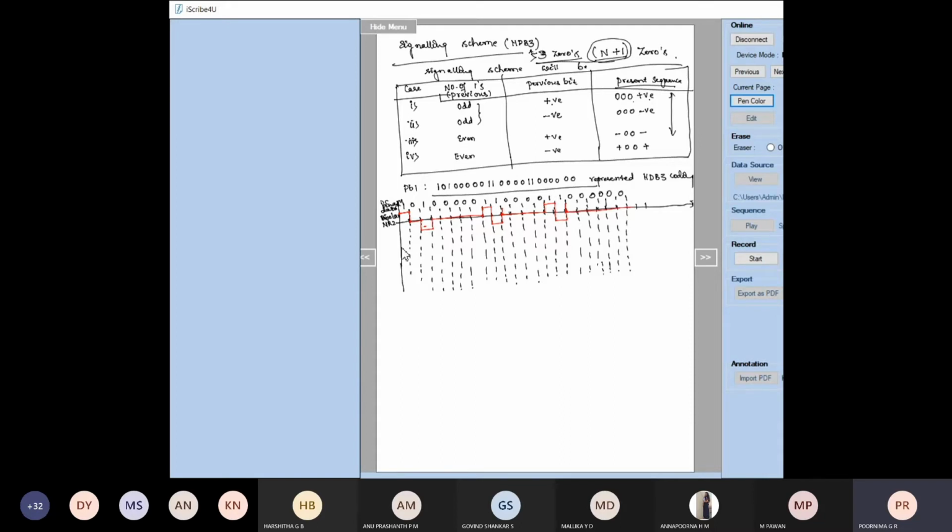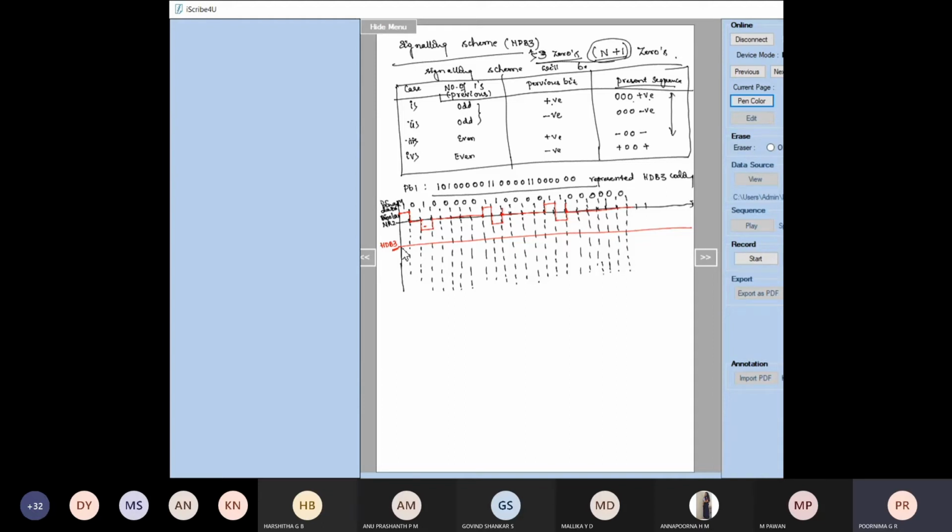Now we have to go for HDB3 coding, where 3 consecutive zeros are the reference in this coding technique. What is the first bit?